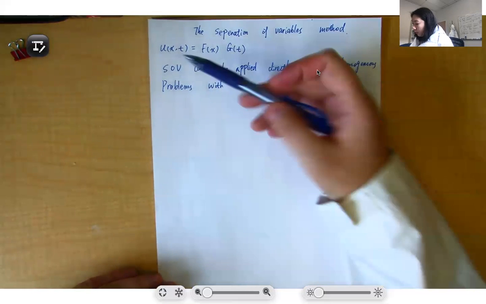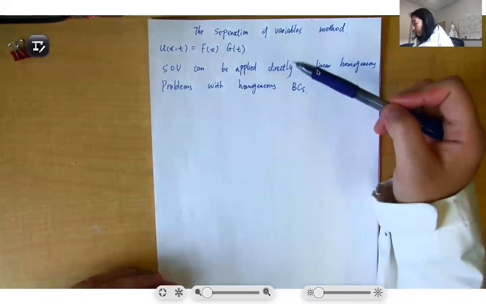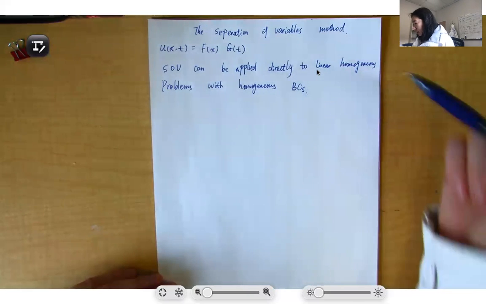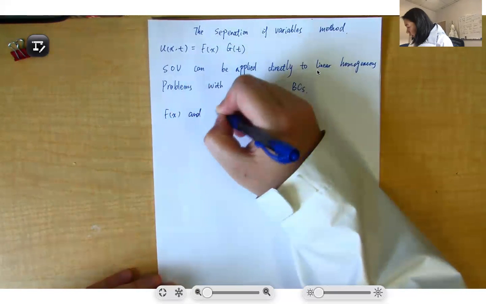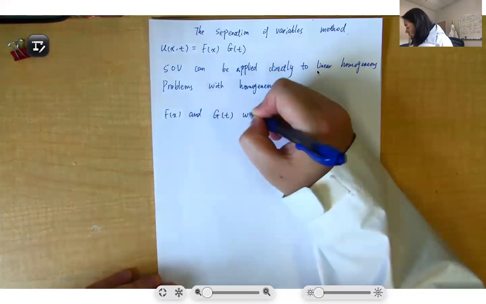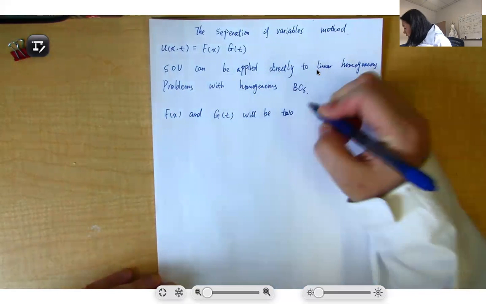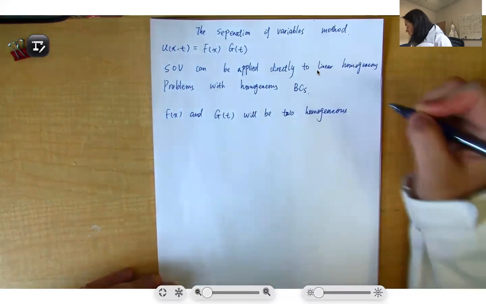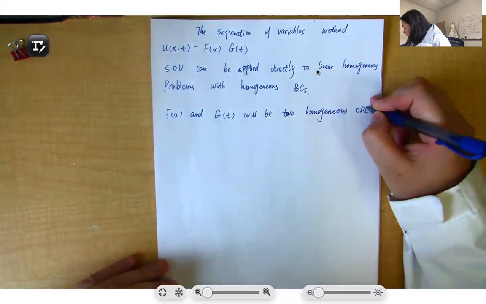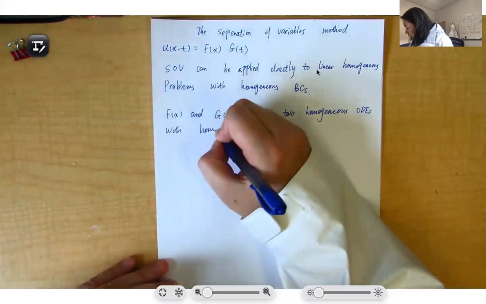Then after our u(x,t) separates into f(x) and g(t), and with homogeneous boundary conditions, this f(x) and g(t) will be two homogeneous ODEs with homogeneous boundary conditions.